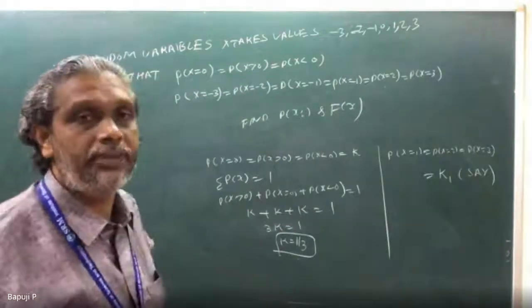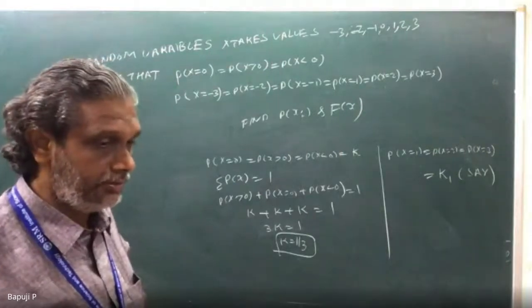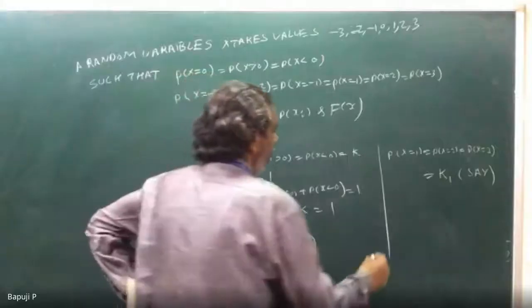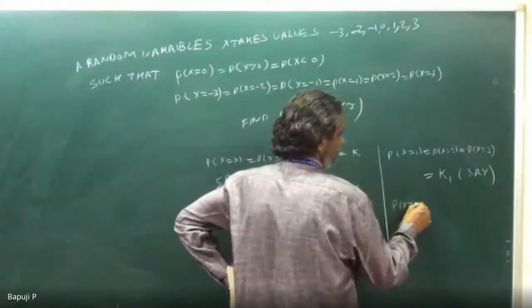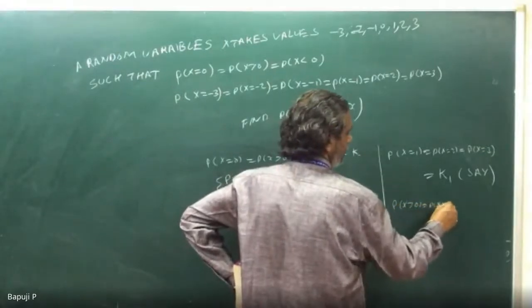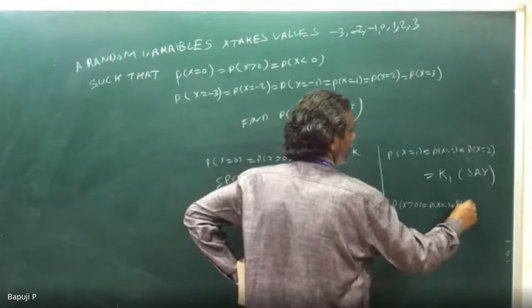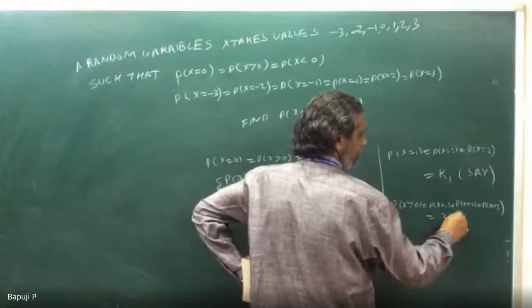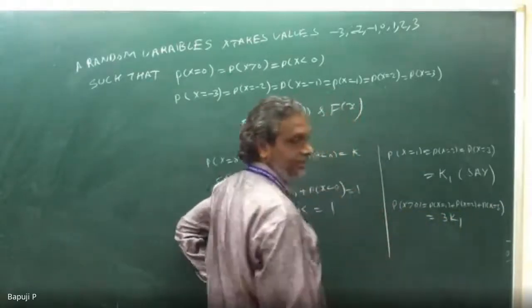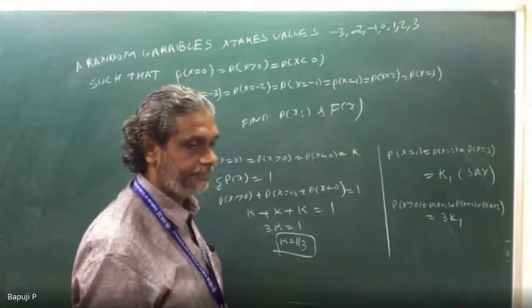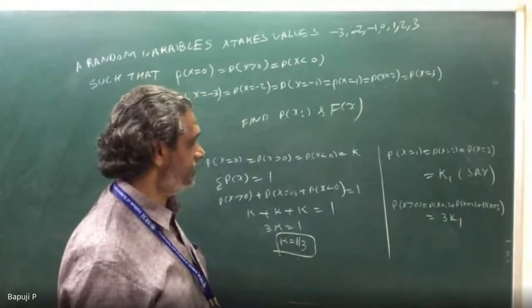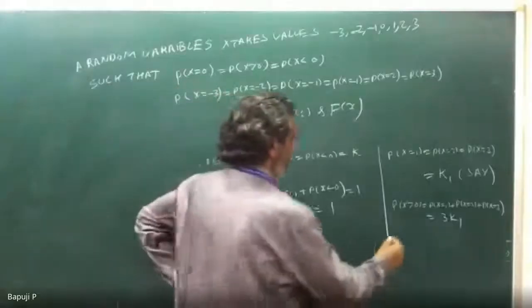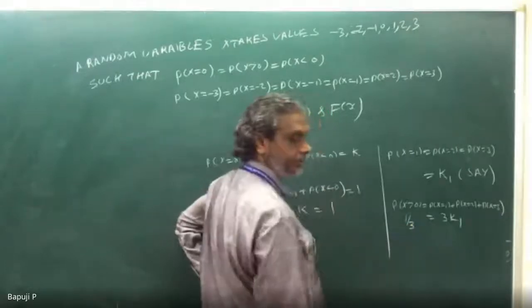So I am calling it K1, it is my wish. Yes, sir. Okay, good. Now probability x greater than 0 is equal to 3K1, or not? But x greater than 0 is 1/3, very good. So K1 is equal to 1 by 9.